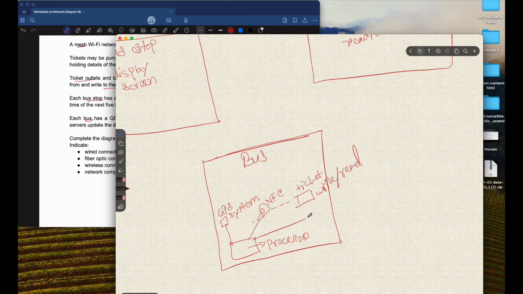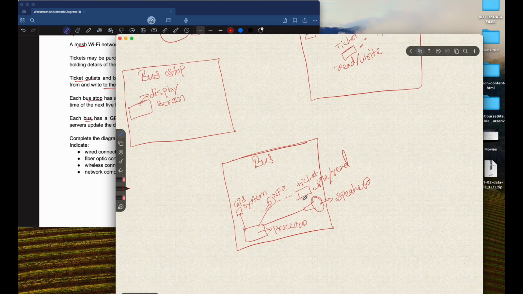Then they mention that they have a speaker as well, right? So this one is considered as a speaker. So we have drawn everything that a bus needs.